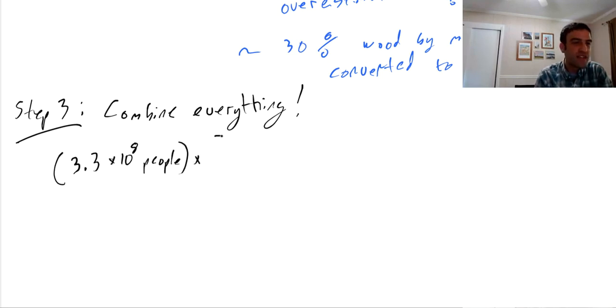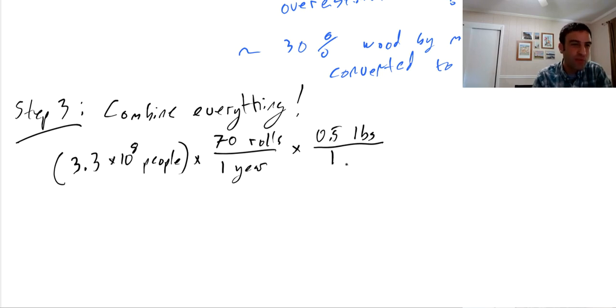We said they're using more or less 70 rolls of toilet paper per year for 1 year. 1 person year, if you like. We said there's about half of a pound for every roll of toilet paper.